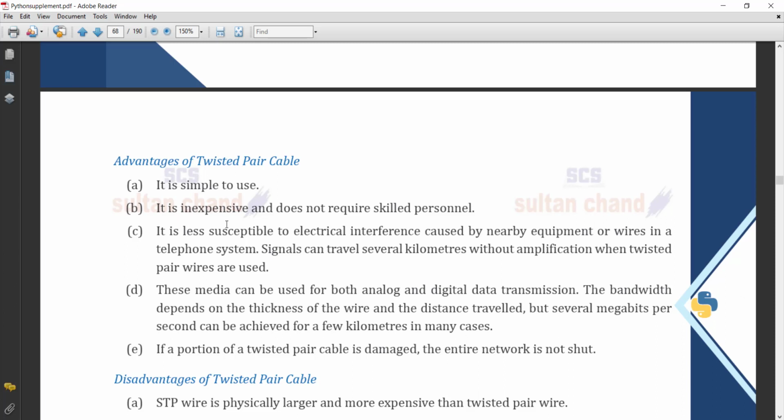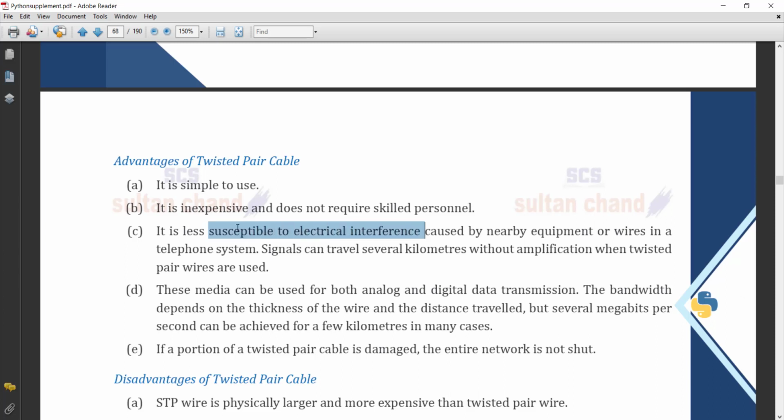It is inexpensive and does not require skilled personnel. Clear? It is very inexpensive, meaning it is very cheap. And it is less susceptible to electrical interference.